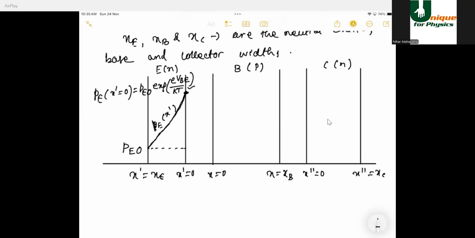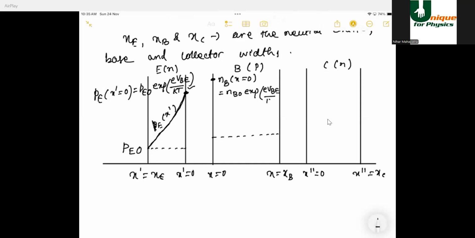Exactly the same way in the base region, as it is forward biased, the minority carrier concentration at x equal to 0 can be written as NB0, the thermal equilibrium concentration of minority carriers in the base region, times exponential of e VBE upon kT, the same base emitter voltage.